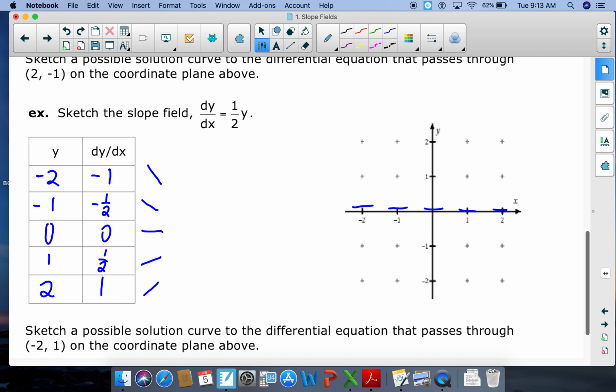Whenever I have zeros or undefined on my axes, I tend to put them a little bit above or a little bit below so that I can see them, especially if I'm using pencil on black ink.